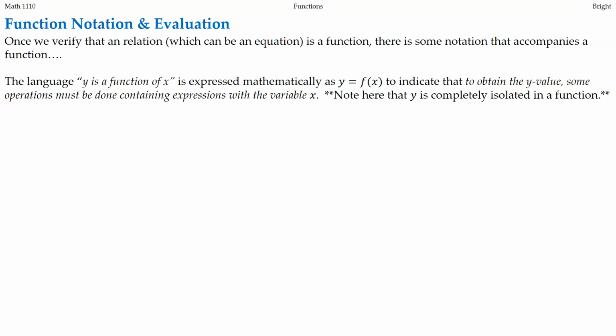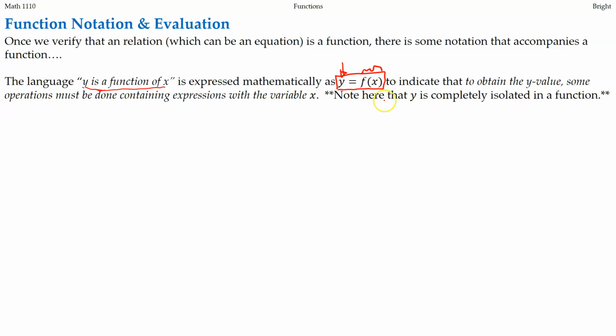When we see something like y is a function of x, really what that means is that we can say y is equal to f of x, meaning, and here I have it written out, if we want to obtain the y value, that's our goal, we need to do something with x to get that y value. And then the formula on the other side, this f of x, tells us the formula, or the recipe, if you will, that we need to follow in order to get the y value using x.